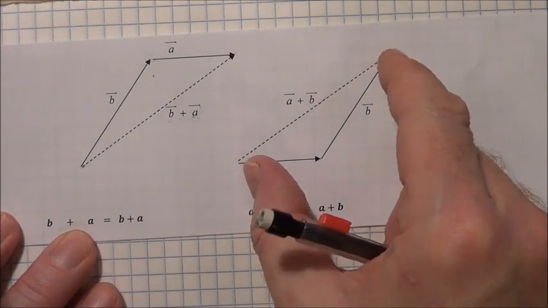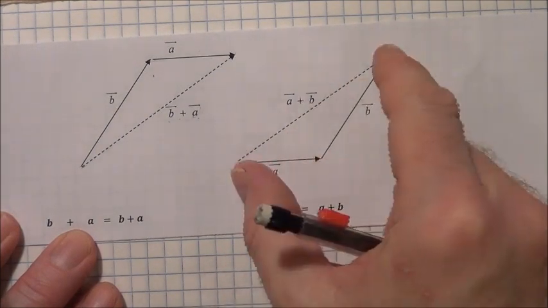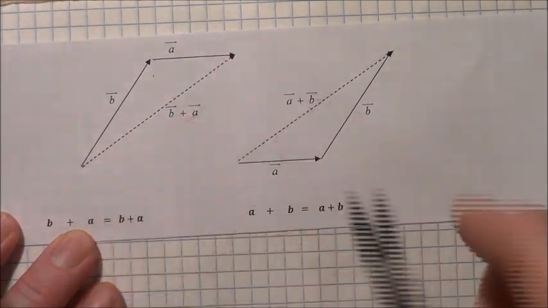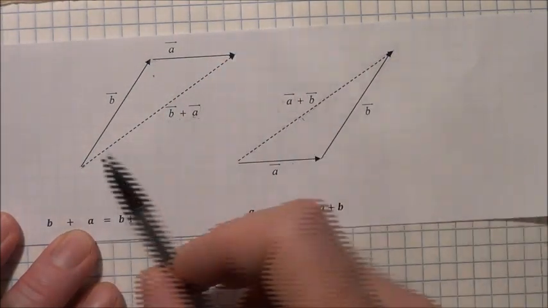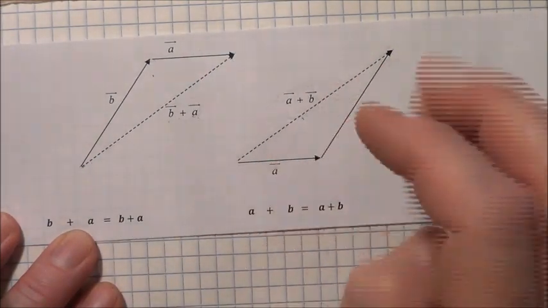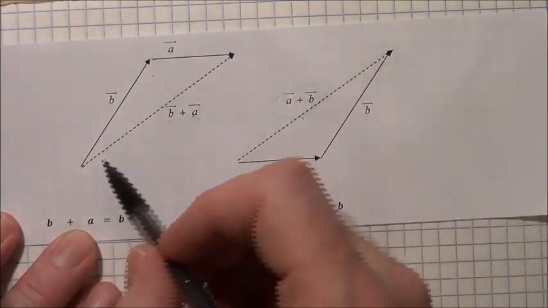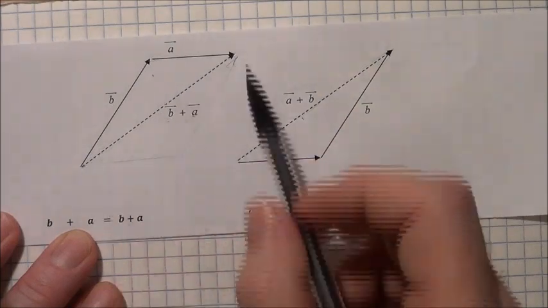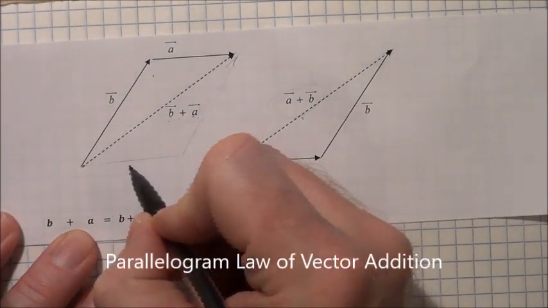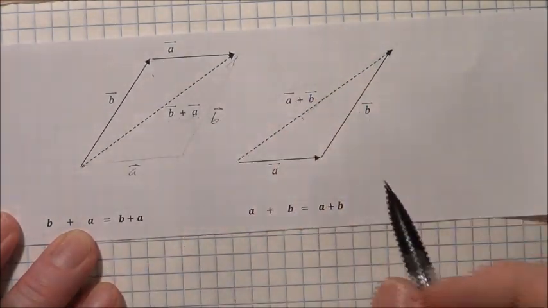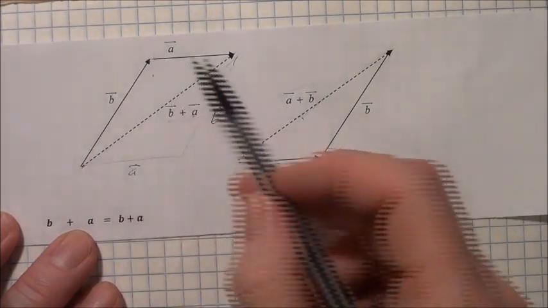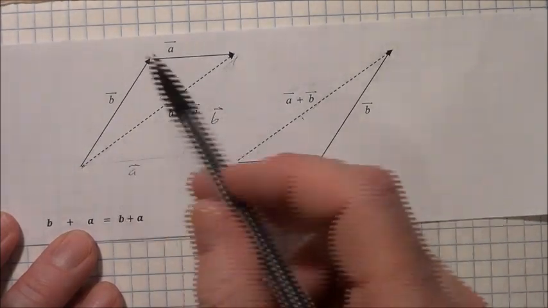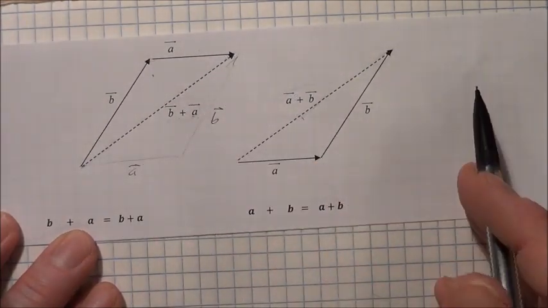Now, if we took this triangle and we placed this vector A plus B on top of vector B plus A here, we would then see that this is actually a parallelogram. So this can be the parallelogram law of vector addition, which is just showing the two different possibilities to get the same resultant vector.